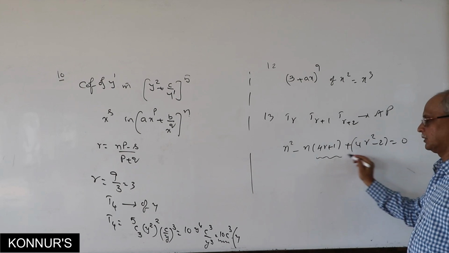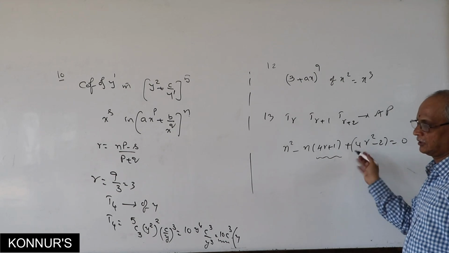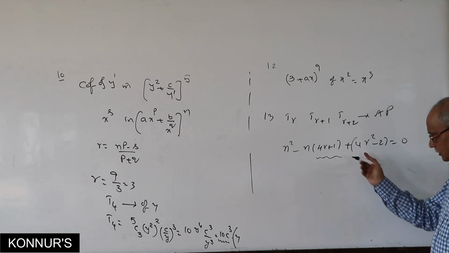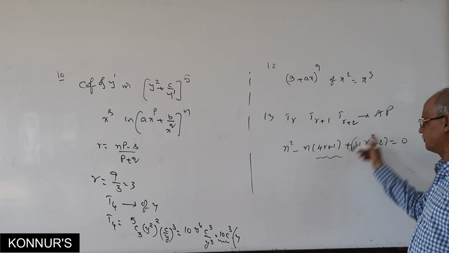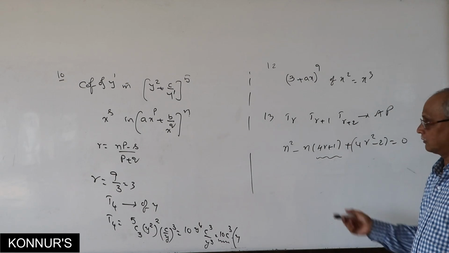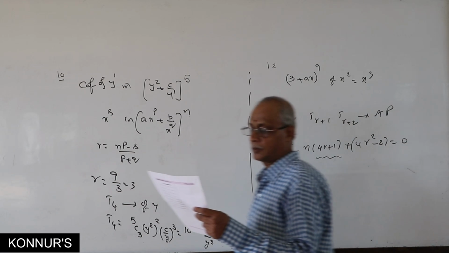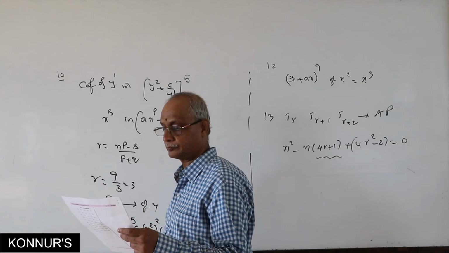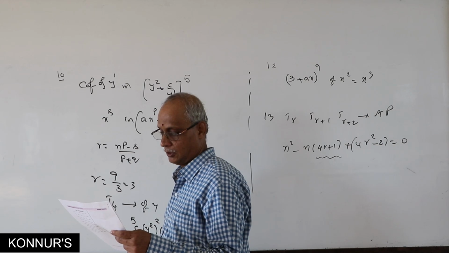A very, very important and powerful formula in the synopsis. Write this down. Last time we wrote it anyway. This is useful. For any problem, if they ask 5, 6, 7 are in AP, substitute r value 5. Or 10, 11, 12, substitute directly. You can find the n value. That also we did. Then the 8th term, 9th term.